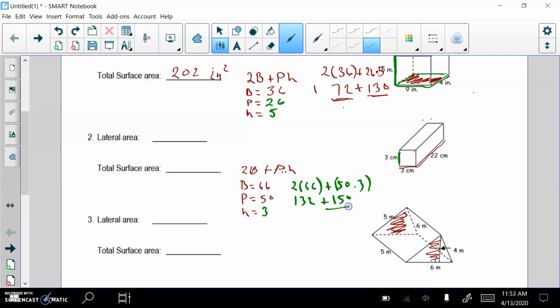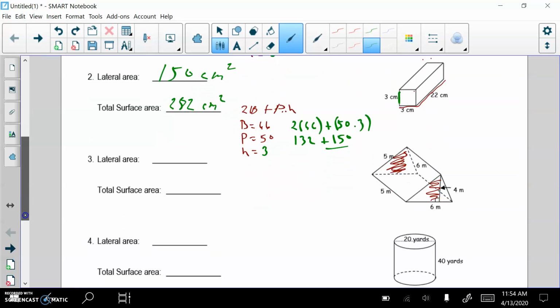The 150 is lateral surface area, 150 centimeters squared, and the total surface area is the sum of the two bases plus the lateral surface area, which is going to be 282. It's that simple.